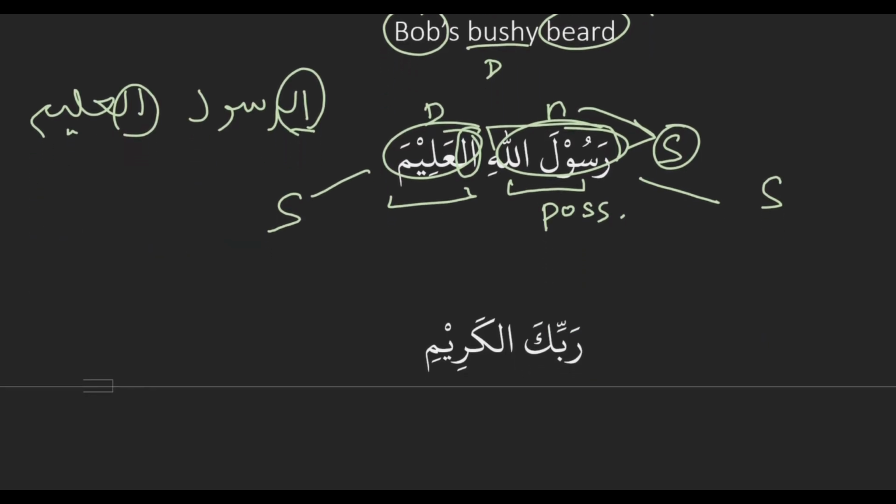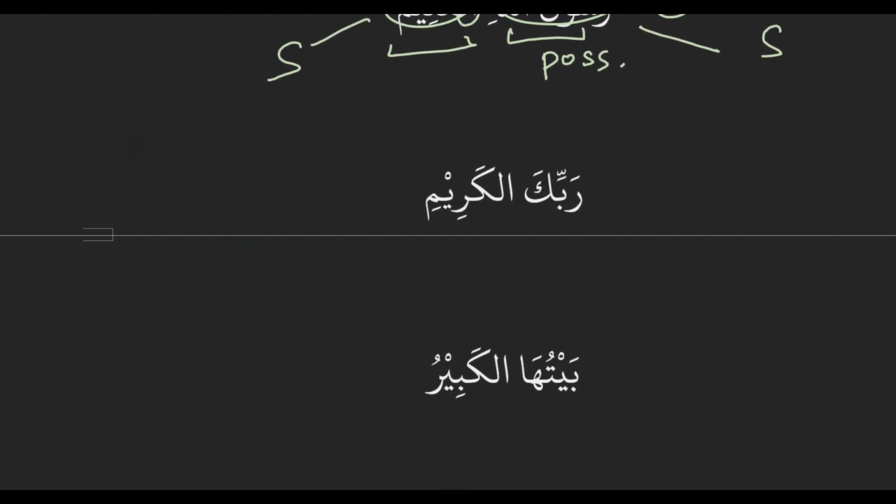Okay, let's look at another example. Rabbuka al-Karim. Rabbuka is two words because ka is the attached pronoun. So Rabb is general and the pronoun is specific. And then al-Karim is a description for the entire fragment. So Rabbuka, general and specific, makes a possessive.